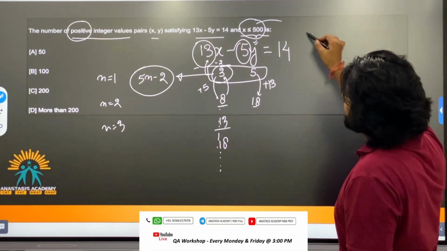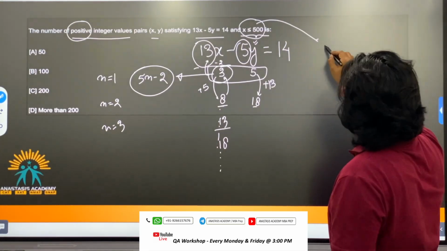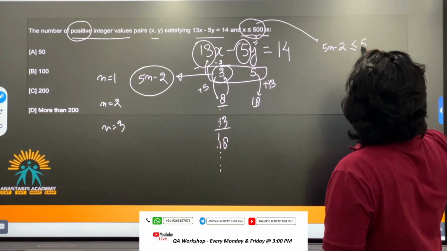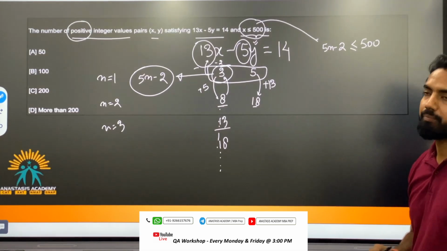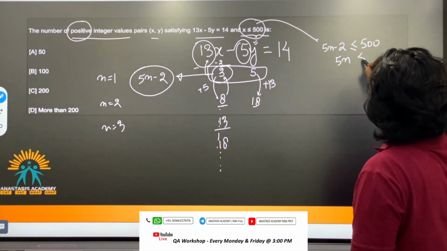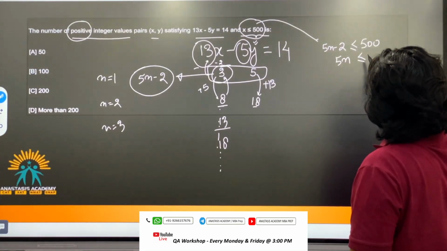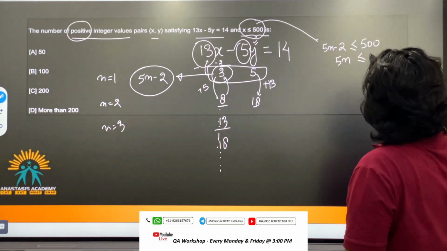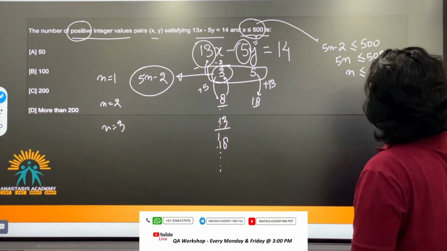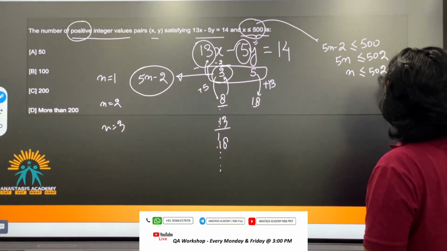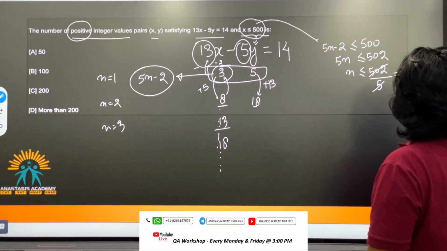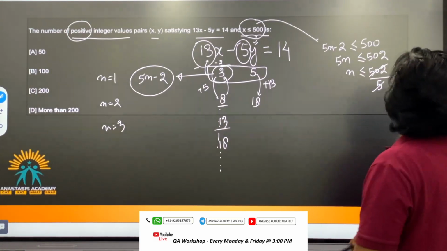Simple. It is given that x has to be less than or equal to 500. So 5n minus 2 has to be less than or equal to 500, so 5n has to be less than or equal to 502, or n has to be less than or equal to 502 divided by 5, which becomes 100 point something.